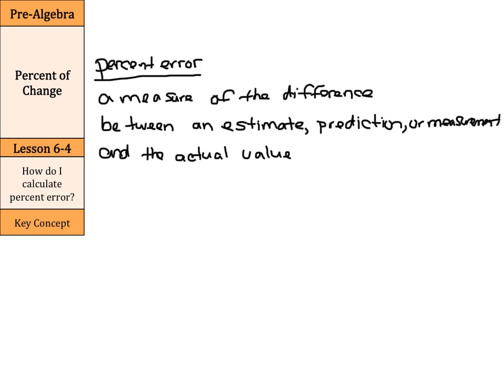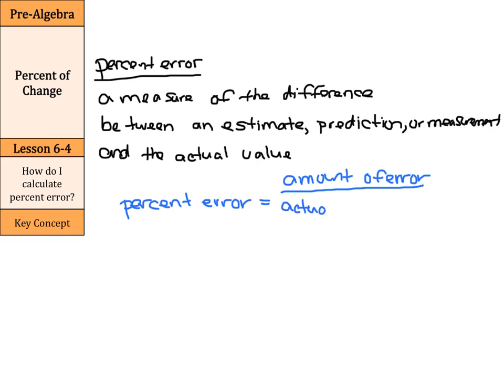And the formula we're going to use for this is that percent error is going to equal our amount of error divided by our actual value, and we're going to multiply this by 100 at the end.